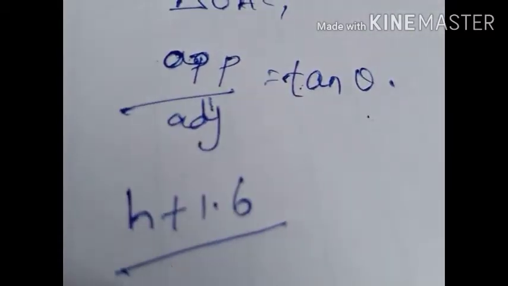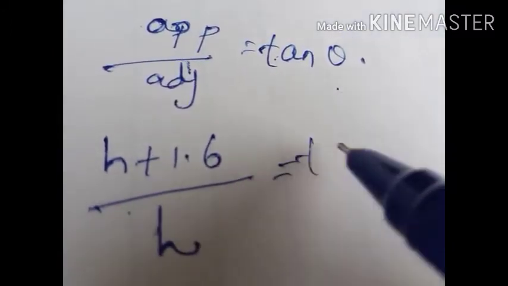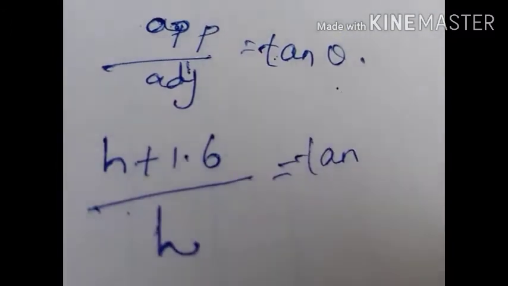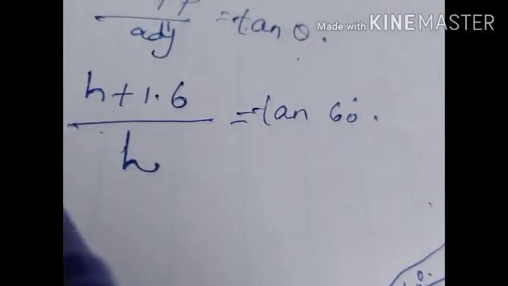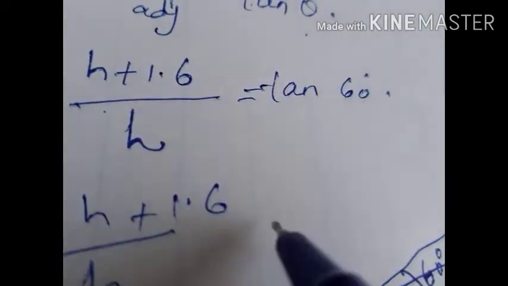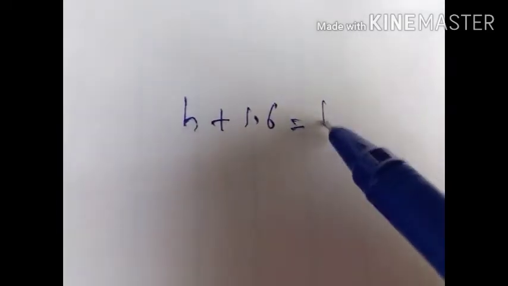Adjacent is OA. That value we got as h. This is equal tan. Angle theta is given as 60 degree. So what is tan 60? Tan 60 is root 3. So now h plus 1.6 equal h root 3.